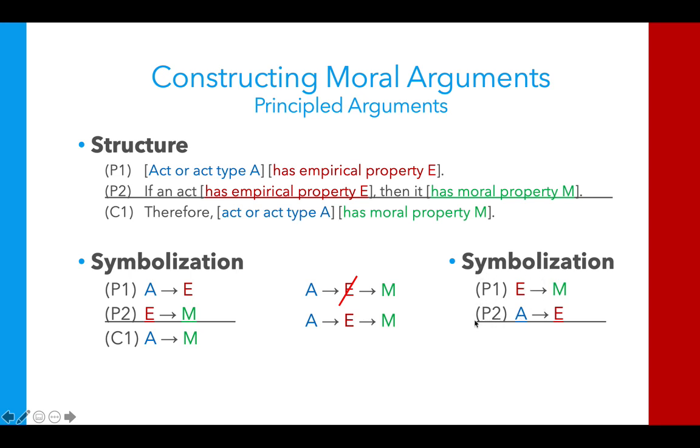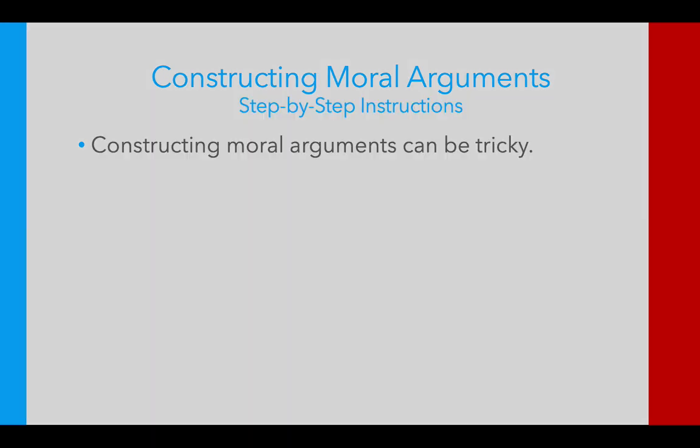If we have these two premises together, there's this middle term, A arrow E, E arrow M, then we can cut out the middleman and say conclusion: therefore, A arrow M. So that's the important thing to note about these principled arguments. They have this structure, and we can use that structure to figure out how to argue for the views that we want to argue for.